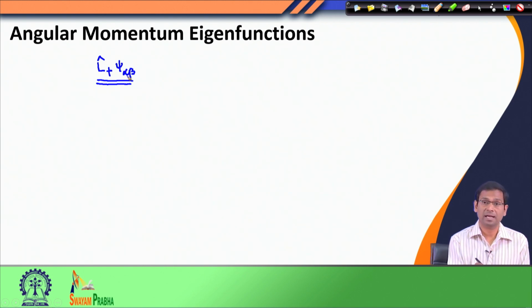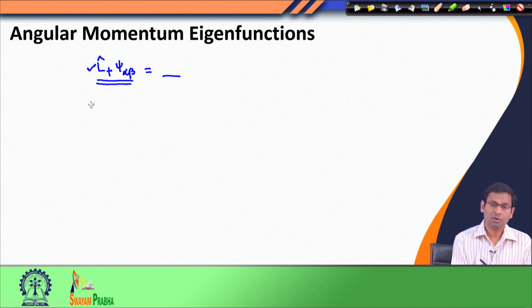Rather, since L plus and Lz do not commute, psi alpha beta is certainly not an eigenfunction of it. So, this is a function: when this operator acts on this function, I get some other function. So, the action of the L plus operator on psi alpha beta gives me another function. I will see what I get when I apply my Lz operator on this new function, L plus psi alpha beta.